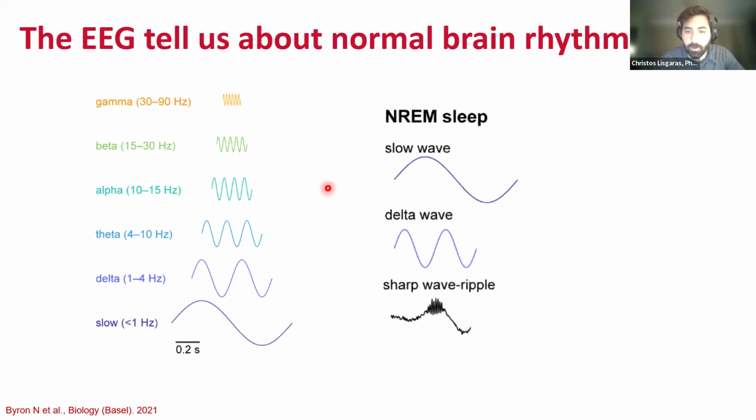Some of them are also involved in sleep, and here you can see some of them, like the slow waves, the delta waves, the ripple frequencies, but also some of them are involved in stages of sleep called REM sleep. One example is the theta rhythm.